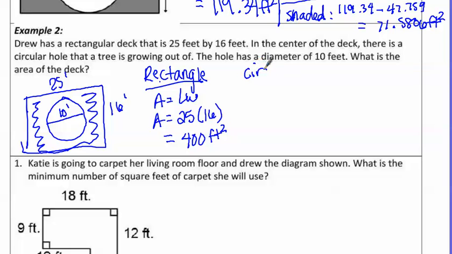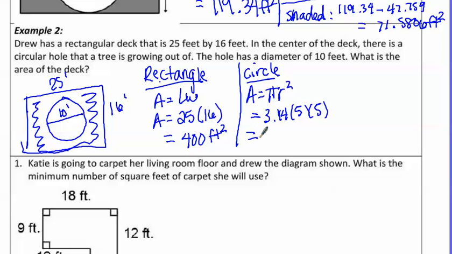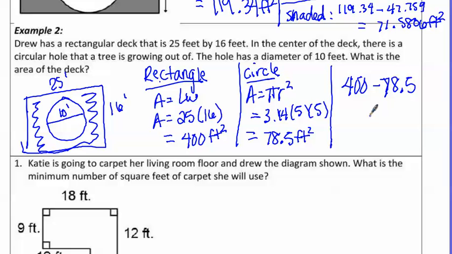The area of the circle, which is pi r squared, if the diameter is 10, the radius is 5, so 5 times 5, to give us an area of 78 5/10 feet squared. Now you want to subtract the 400 minus 78.5 feet to get an area of 321 5 feet squared.